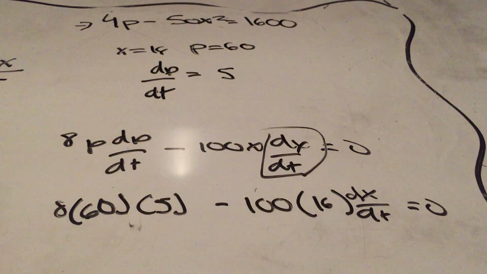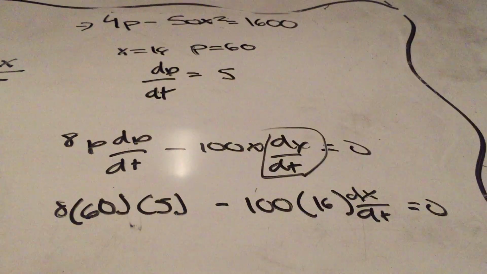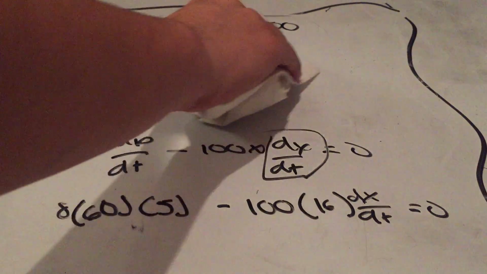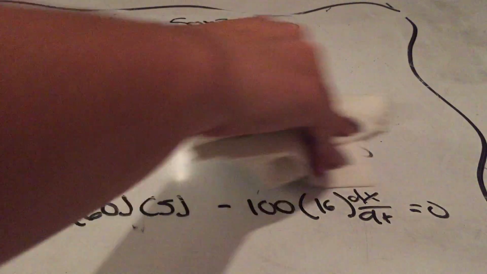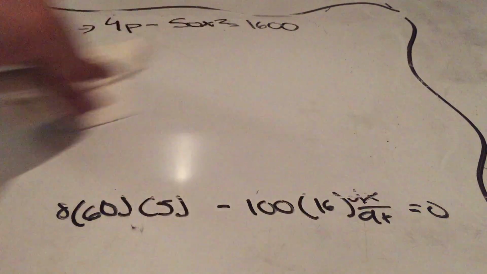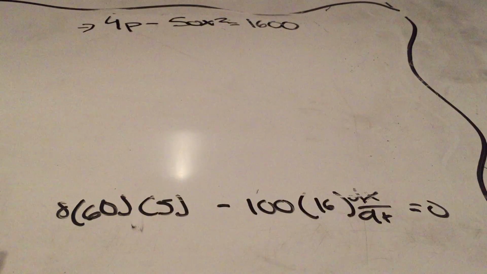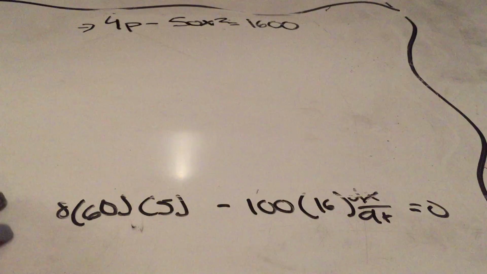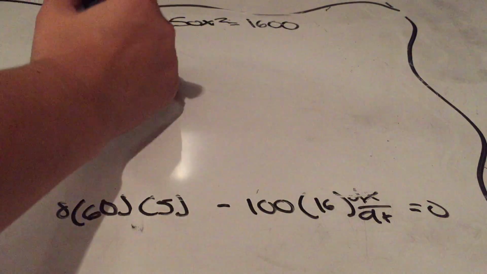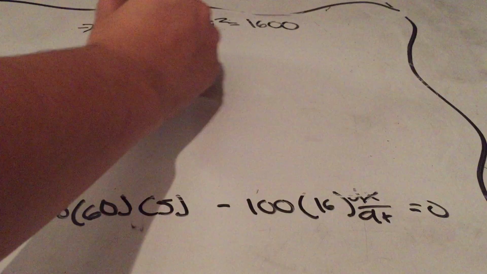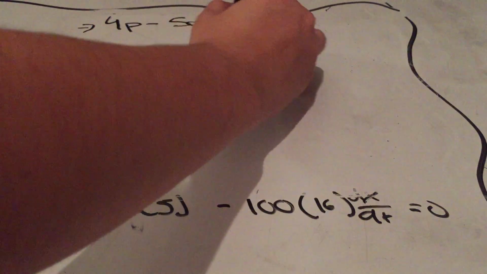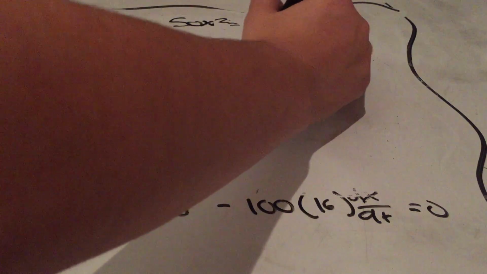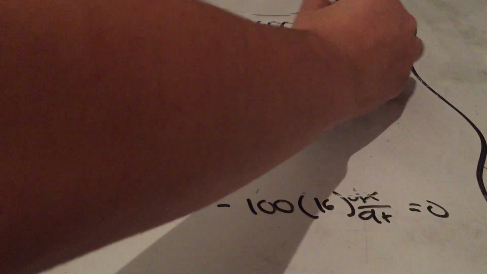So now that we have this, when it's all put together, it is 2400 minus 1600 dx over dt equals 0.